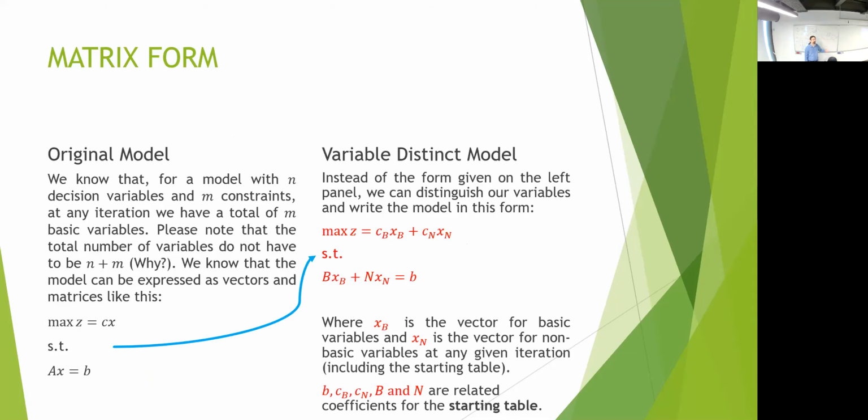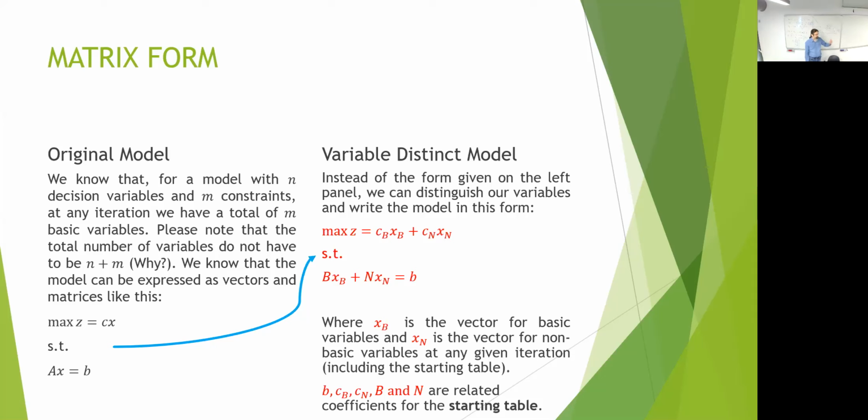Now, we have the original model. How do we find an optimal solution from the original model? The original model is z equals cx and Ax equals b. Now, we will take the c values and A values apart and make them dependent on the basic and non-basic variables, as you can see on the right-hand side of the slide.